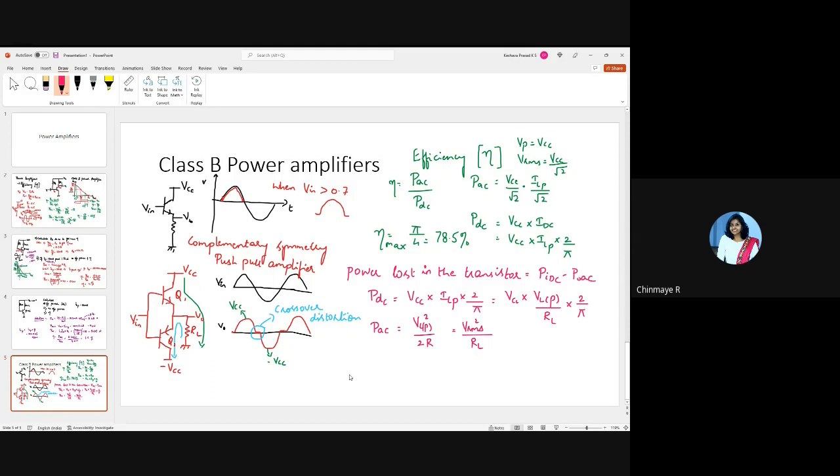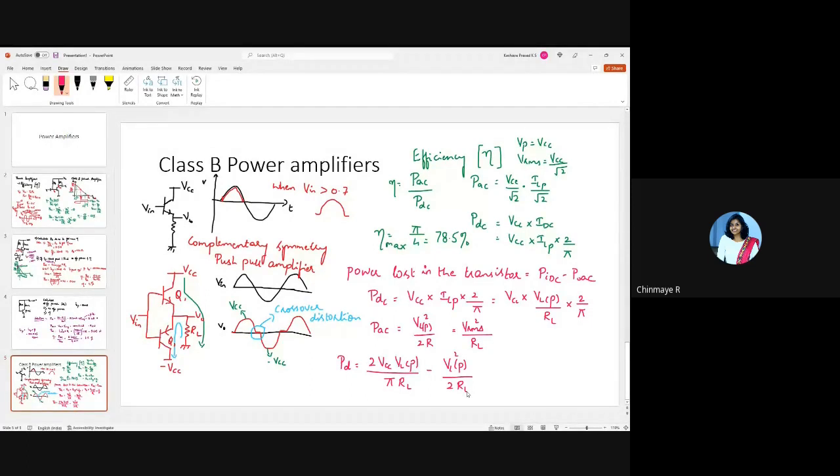Okay, so now I can write the power dissipated in the transistors PD is equal to 2 VCC VL of P divided by pi RL minus VL of P square by 2RL.